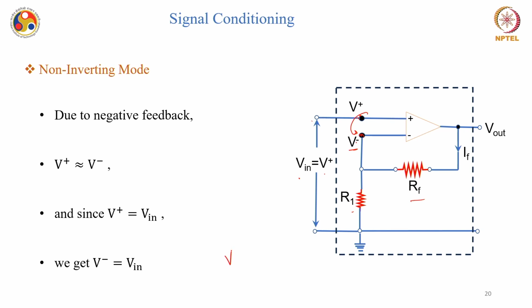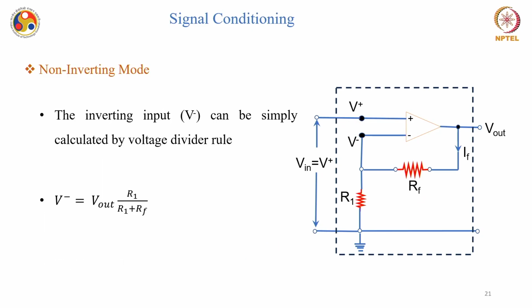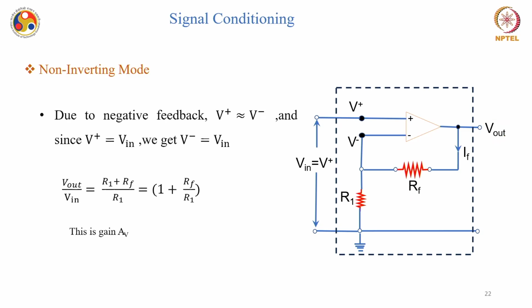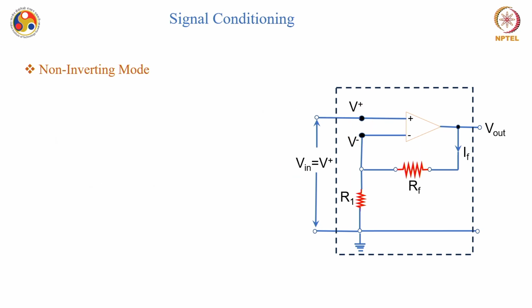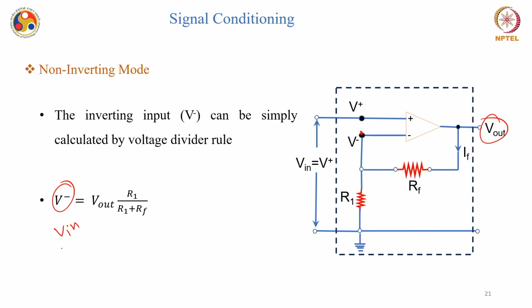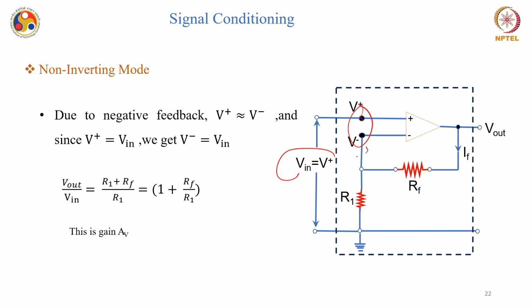You have V positive equal to V negative equal to V in. The inverting input can be simply calculated by the simple voltage divider rule: V negative is V out into R1 by R1 plus RF. Due to negative feedback, V negative is equal to V in, so if I replace V negative with V in in this equation, I can write V out by V in is equal to R1 plus RF by R1, or 1 plus RF by R1, and this is the closed loop gain of this non-inverting mode of operation of the op-amp.